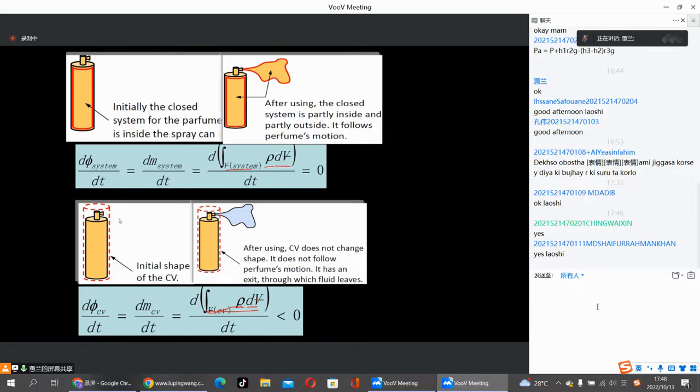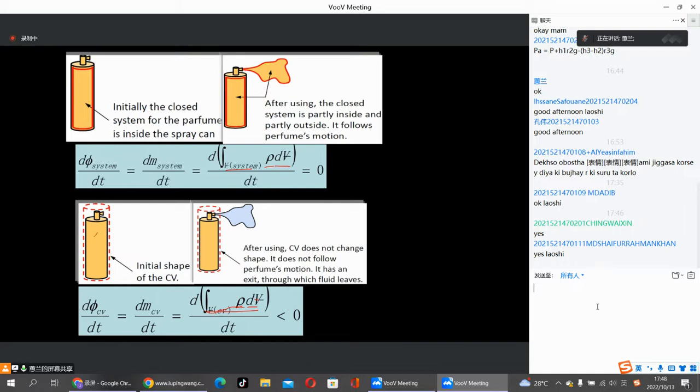if we consider the control volume, we'll say the boundary of this control volume actually is the same as the spray can boundary. So you see some remain inside the spray can, some go out of the spray can, right?